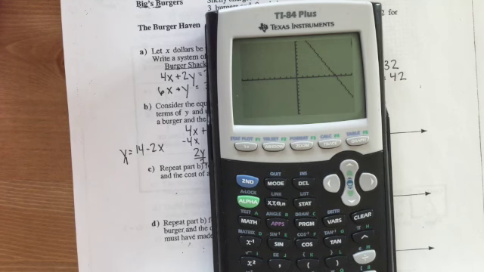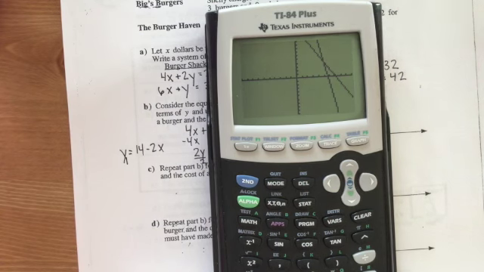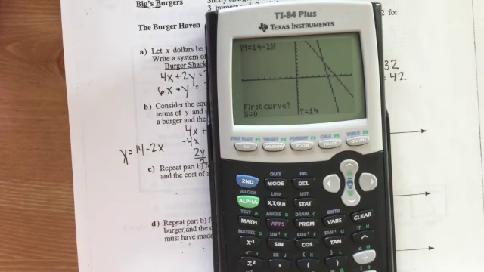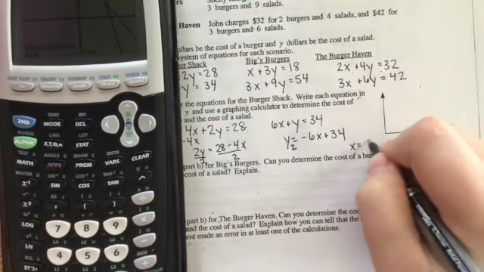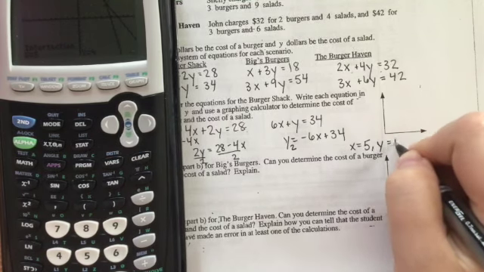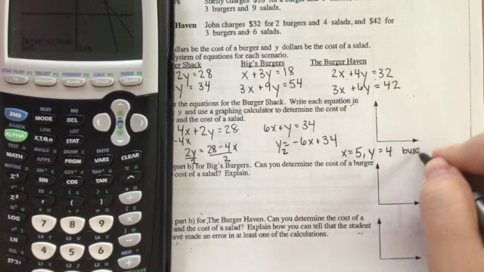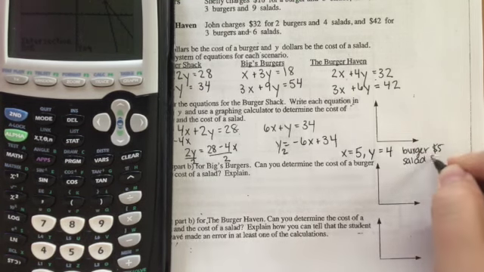If not, I'll change my window, and then I want to state what the solution is. I see they cross right here. There are two lines crossing once, so I'm going to calculate that intersection. It says first curve, enter, second curve, enter, guess, enter: x is 5, y is 4, which means in terms of this problem, burgers are $5, salad $4.